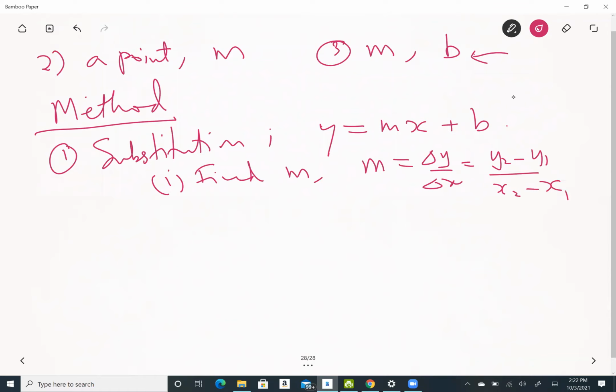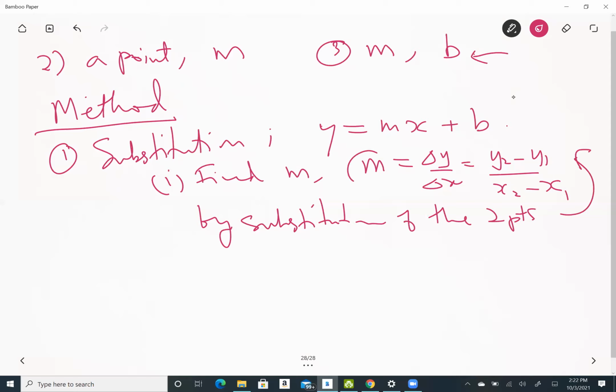We can find the slope by substitution of the 2 points, x1, y1, x2, y2. You put them in here, you get m.